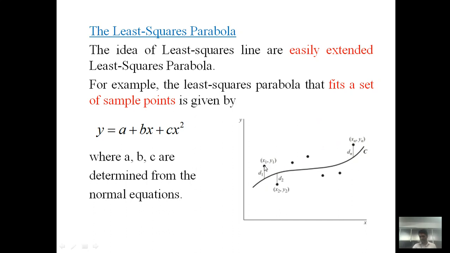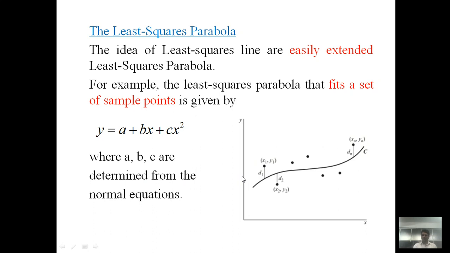This d1 is the deviation of this point. The actual point is on the curve, but right now x1 y1 is not on the curve, it is above the curve. As in the least square line, our aim is to find d1 square plus d2 square plus d3 square and so on plus dn square, which must be minimum.